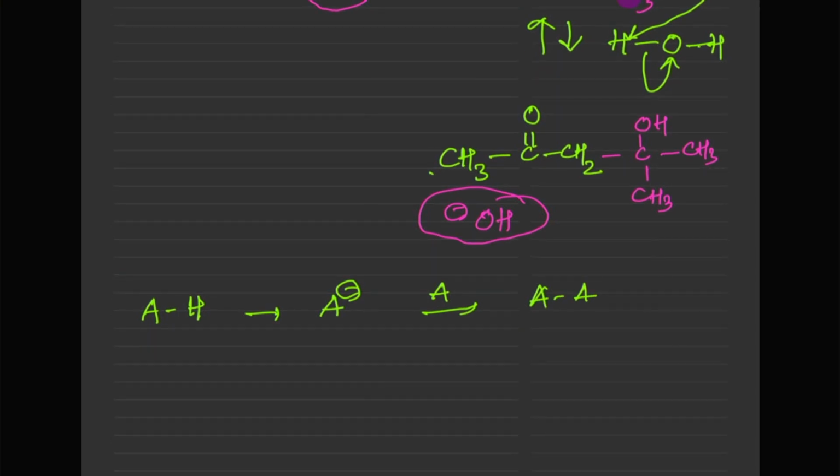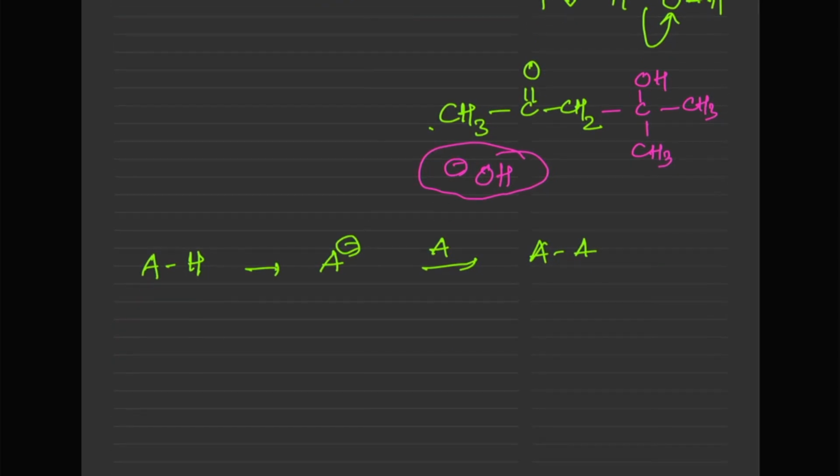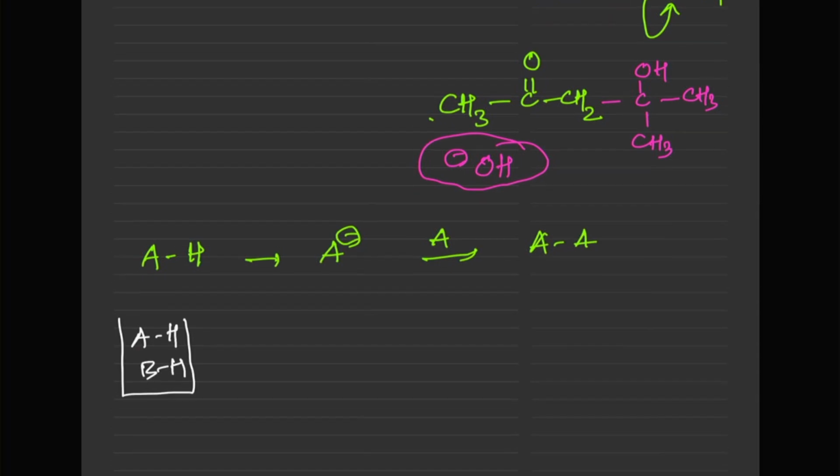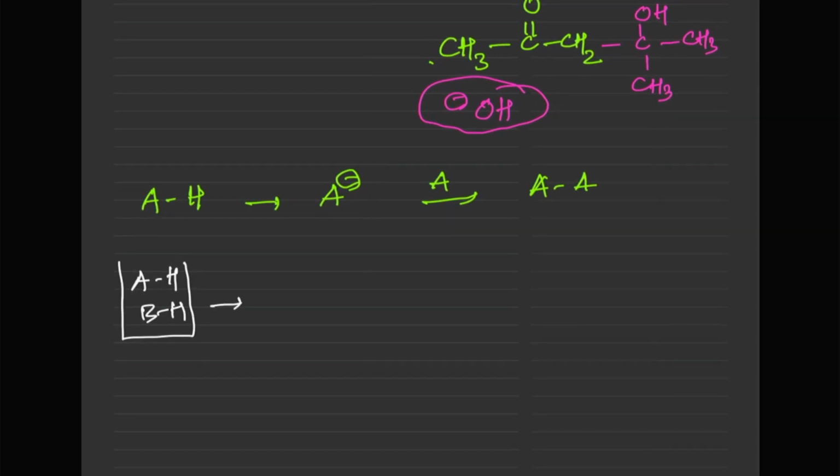But if you make a mixture of two different reactants in a beaker, so let's say you got AH and BH, and you try to do this reaction, here's what would happen. In your beaker, you're going to make A minus. You're also going to make B minus. Now A minus is going to react with itself to make AA. A minus can also react with the B to give you AB.